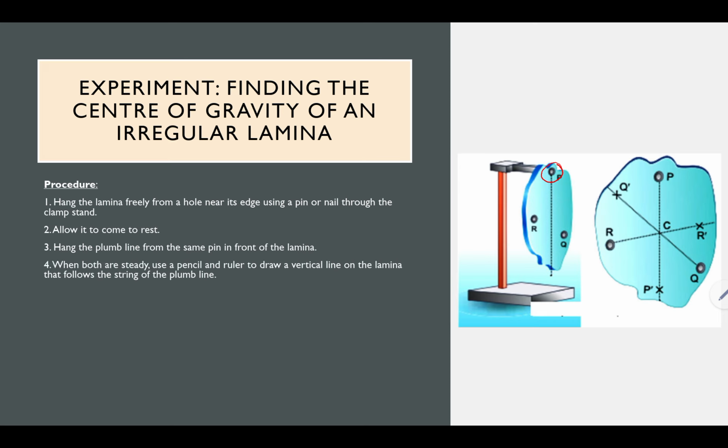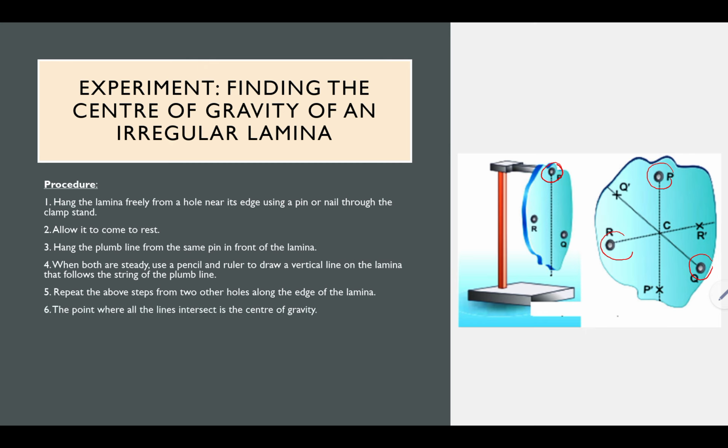When both are steady, use a pencil and a ruler to draw a vertical line on the lamina that follows the string of the plumb line. You repeat the same steps by trying all the different holes at the edges that you've created. Each time you're going to draw the same line.